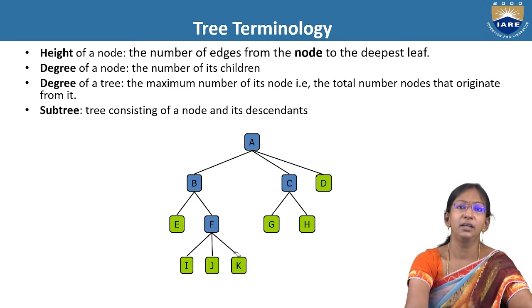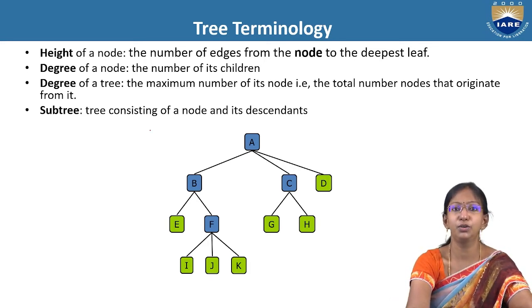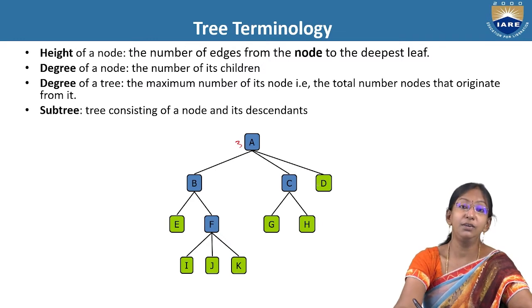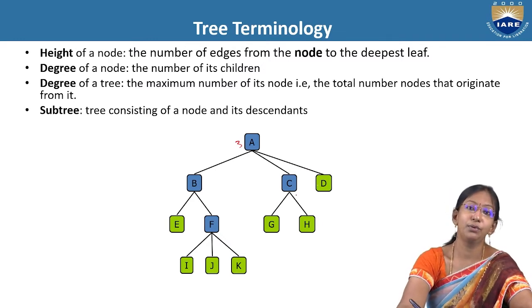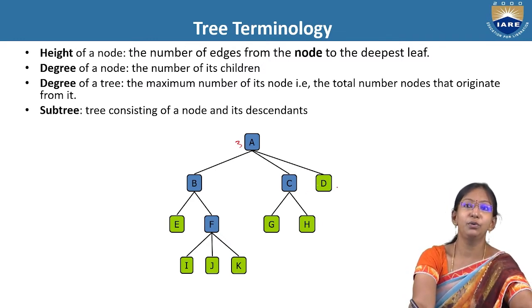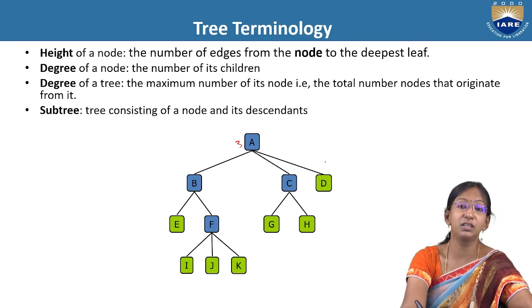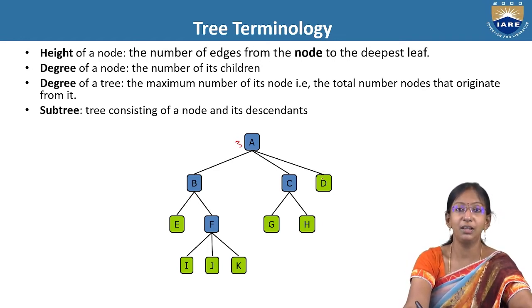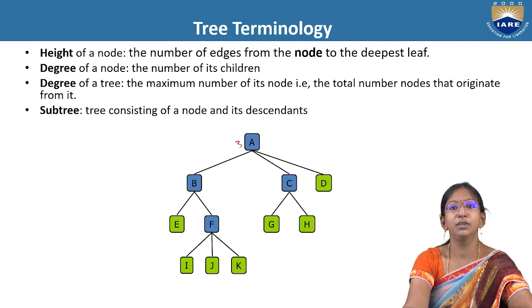Okay. Then degree of a node. The number of children it has is nothing but the degree of a particular node. A is having 3 children, so its degree is 3. Leaf nodes. Guys, this is a very important point. The degree of a leaf node is always 0 because degree tells you the number of children it has, but leaf nodes do not have any children.